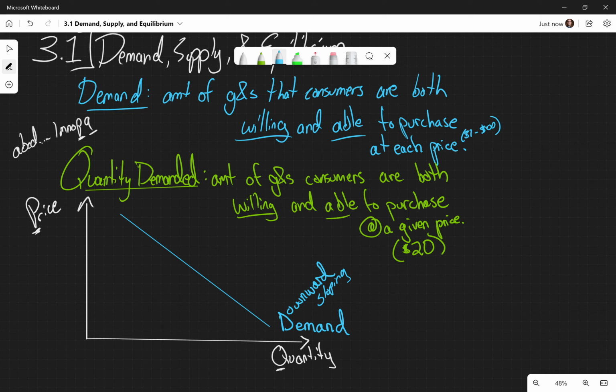And when we're talking about demand and quantity demanded, the quantity demanded are points along the demand curve. So we would say, when the price is at 25, the quantity demanded is 500 units. When the price is at 20, the quantity demanded is 750 units. When the price is 15, the quantity demanded is 1,000 units.